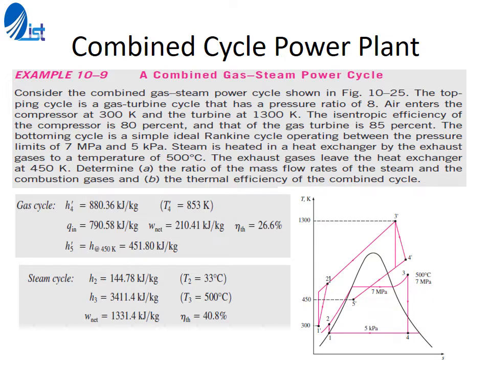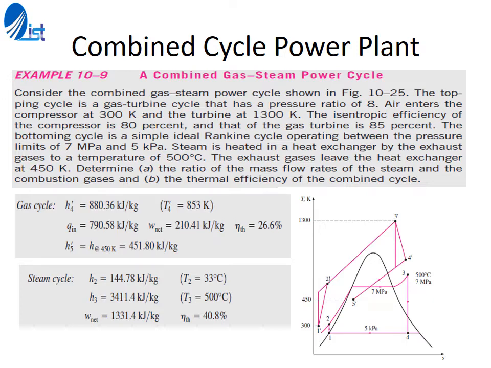The temperatures are known, and we have already studied this type of numerical problem in examples 9.6 and 10.8. So for the gas cycle, we have calculated the thermal efficiency as 26.6%, and for the steam cycle we have calculated the thermal efficiency as 40.8%.